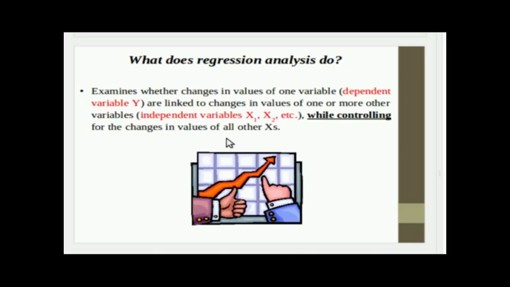A dummy variable indicates the absence or presence of some categorical effect that may be expected to shift the outcome. You can take one example such as smoker or non-smoker. The dummy variable can signify the differences.